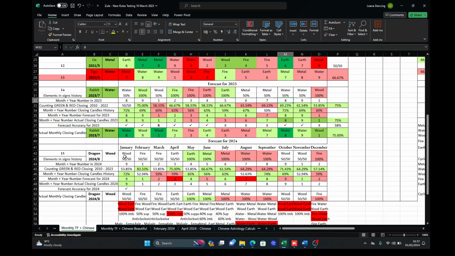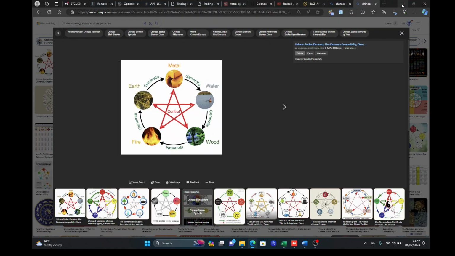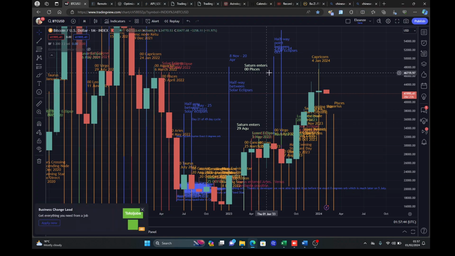January was a pretty flat month. I'm very lucky to get the green candle which I forecasted. It is a tiny green candle, but it is a green candle, and I've ticked it already as a correct forecast because I couldn't wait for the month to close today. As soon as it closed, I checked the color of the candle and it is a green candle.